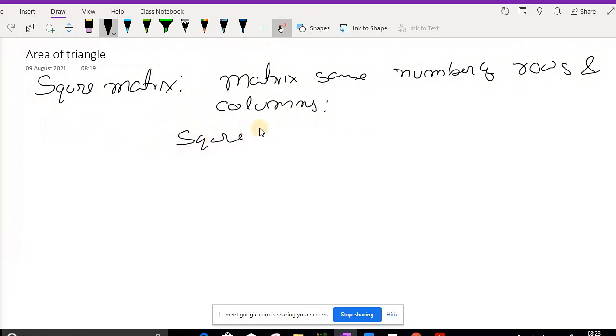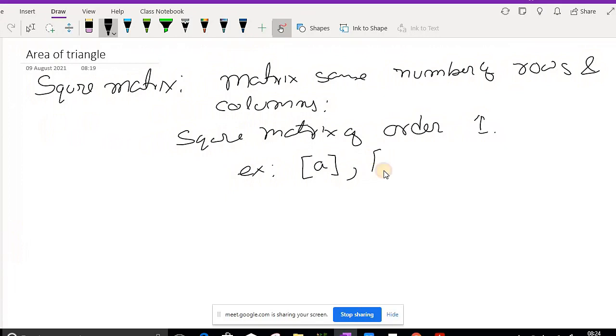Square matrix of order 1. Here the example is a matrix with one element, for example A, or the matrix 1, or 100. So here there is one row and one column.